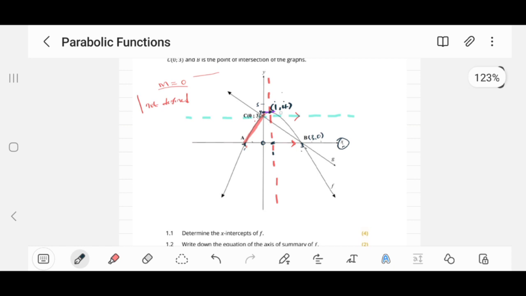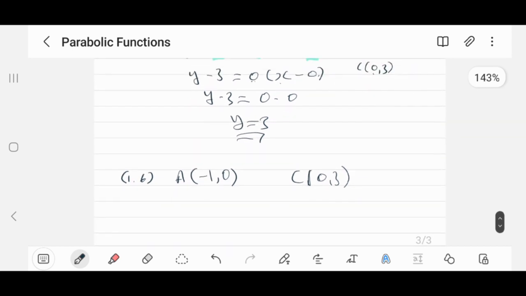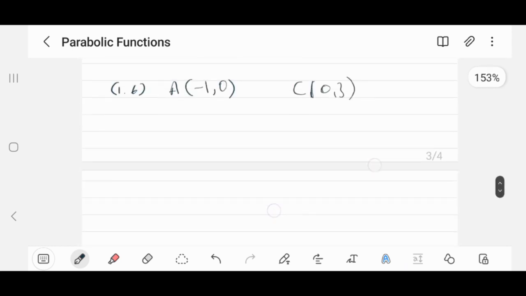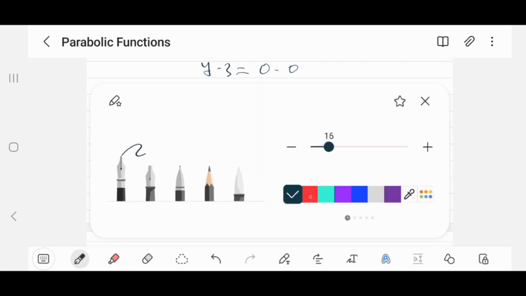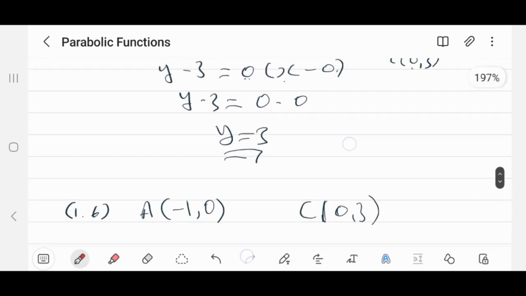So now I do the gradient. Do you see how much analytical geometry is connected to functions? So really, if you don't know how to do your analytical geometry very well, you are in trouble. You must go and really look into it.